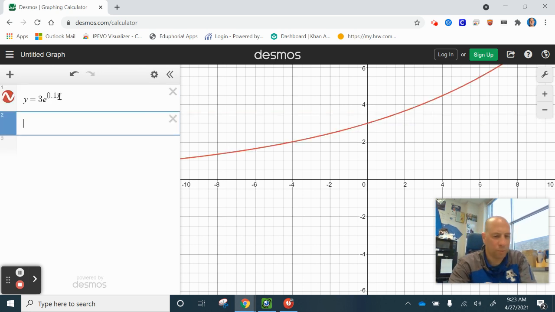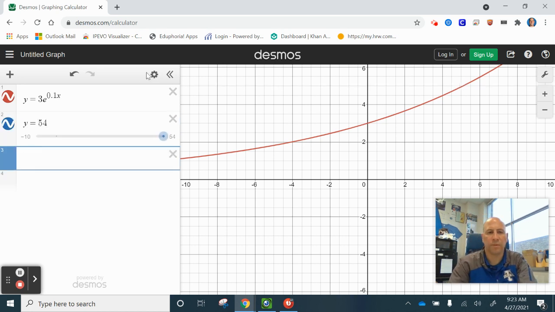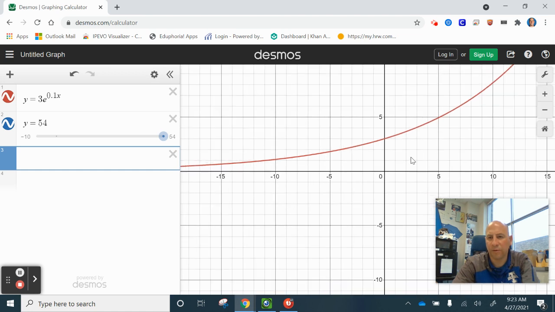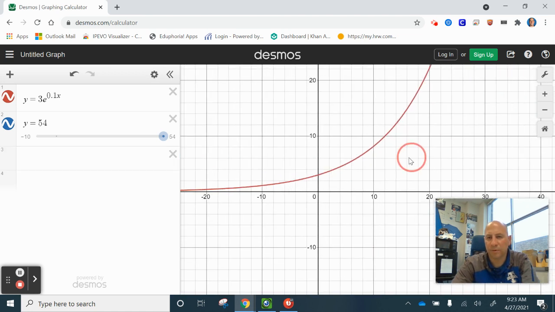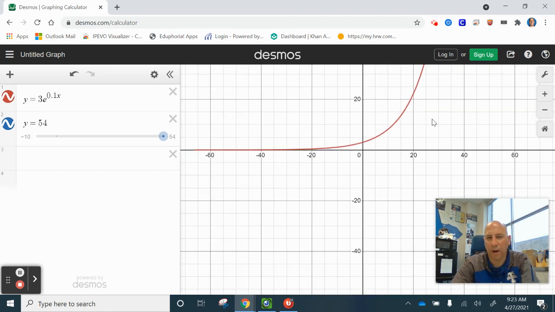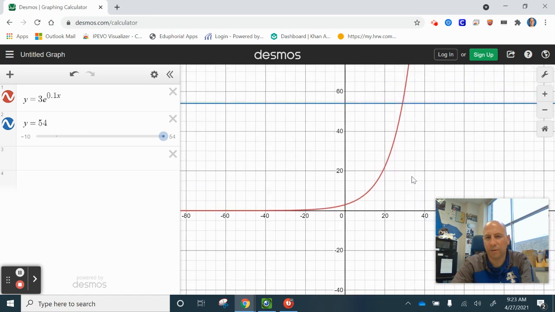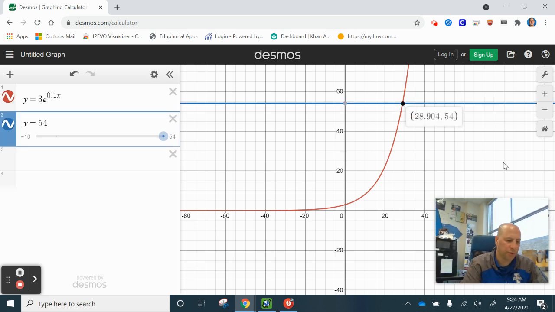Okay, and then y equals 54. Now you're going to have to come over here and zoom out. And we're looking to get the y axis to be 54. So there you go. Now you zoomed out enough, you have this point, and all you have to do is click right there, and then there's your point of intersection.